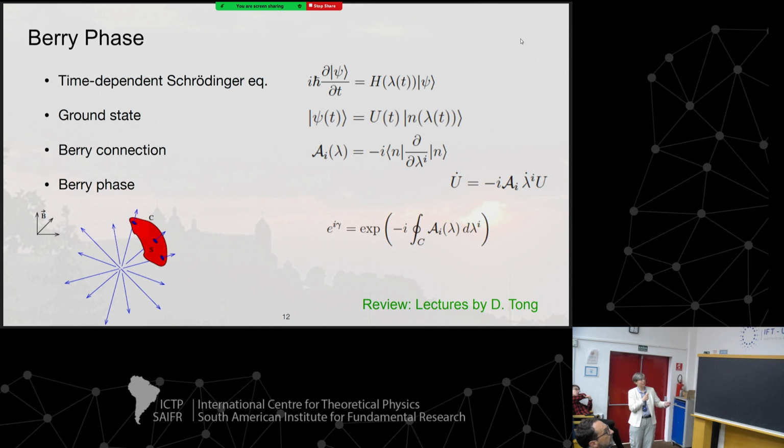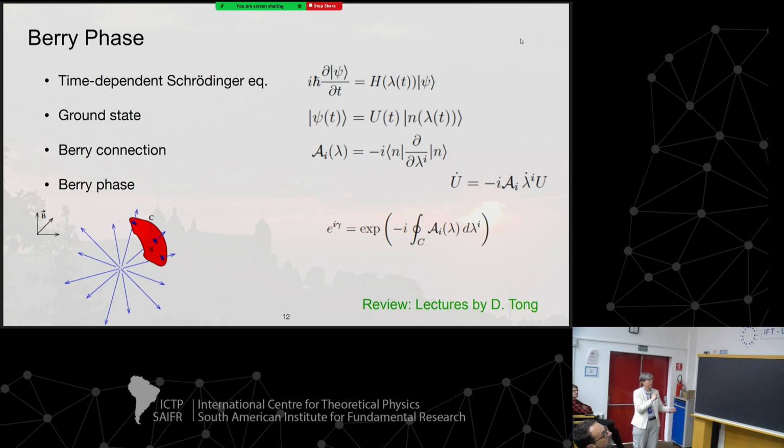Now, inserting this ansatz into the Schrödinger equation, you get this equation for the time evolution of U. And the Berry phase is then this path exponential, a path integral in the sense that it's an integral along a closed path in the space spanned by the lambdas. And that defines a phase.